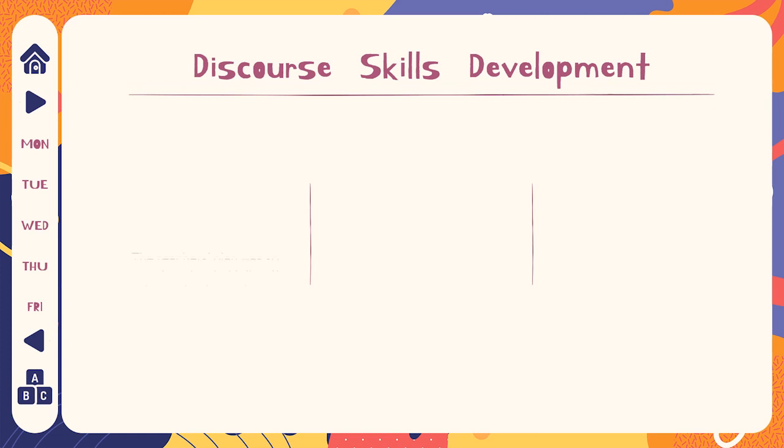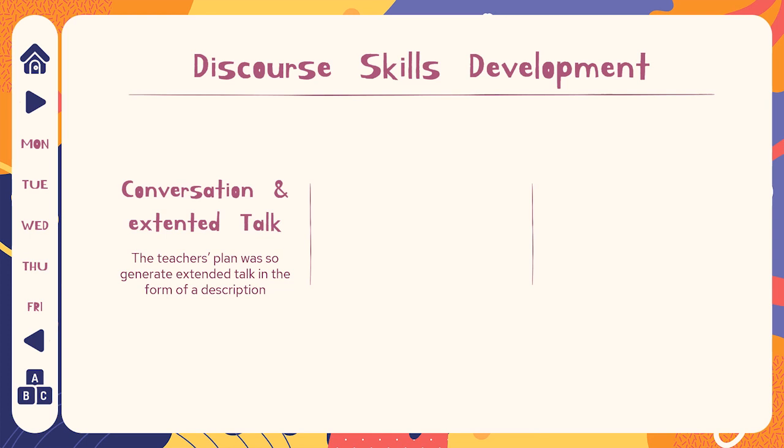The first is conversation and extended talk. The teacher's plan was to generate extended talk in the form of a description. Conversation, interaction, and extended talk are two major types of discourse that can be developed in both first and foreign language.